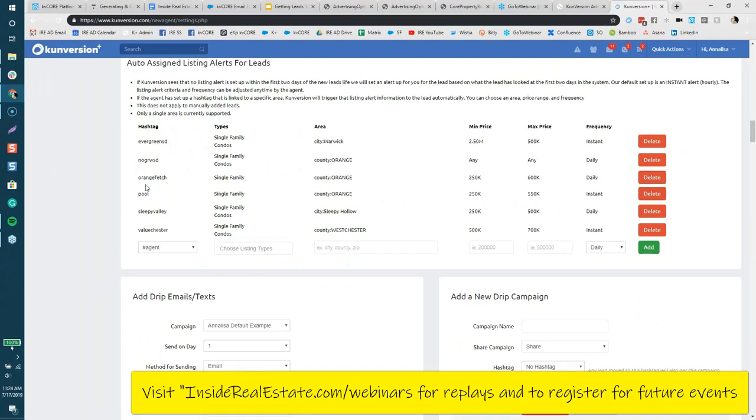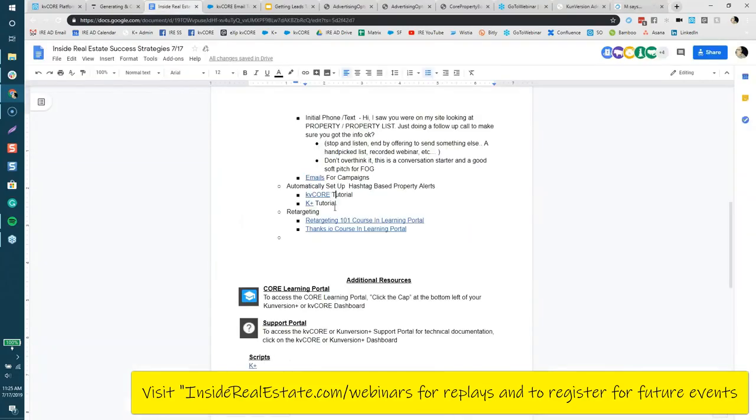So this is where both of you who use the platforms can go in and set these up to automatically trigger. So this can go hand in hand with your landing pages, squeeze pages, what have you, with a smart campaign triggering a drip campaign or a listing alert, which is pretty cool. And okay, so that's automatic hashtag-based property alerts.